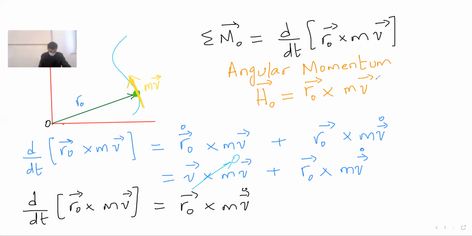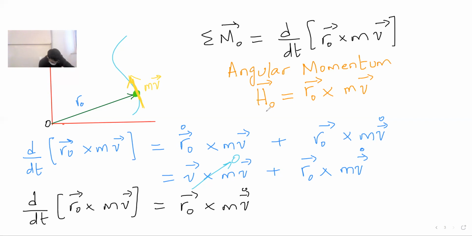From here onwards, if I ever ask you, tell me angular momentum: R cross mv. What is R? It's a position vector. Now don't use the word radius, use the word position vector.